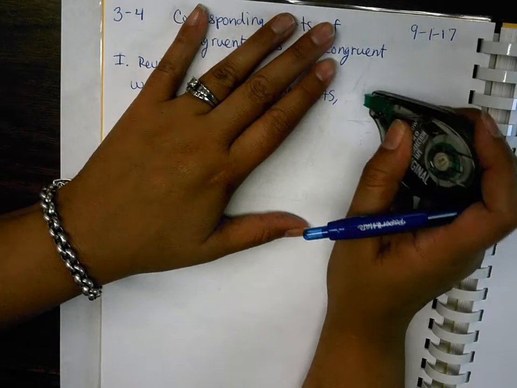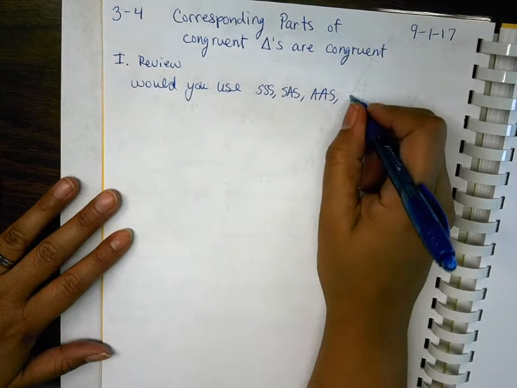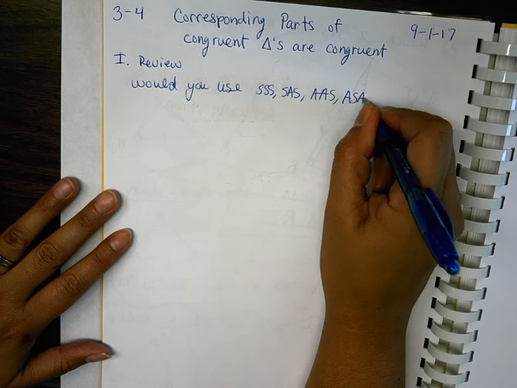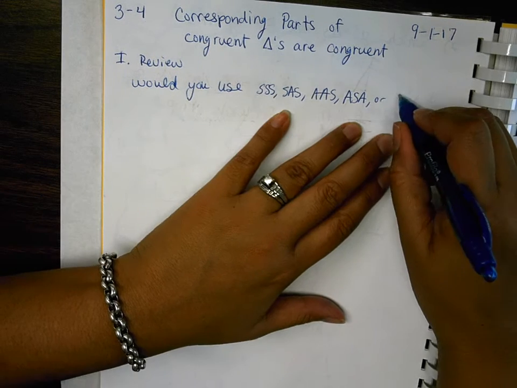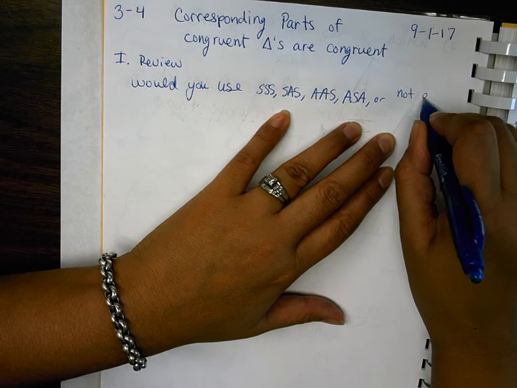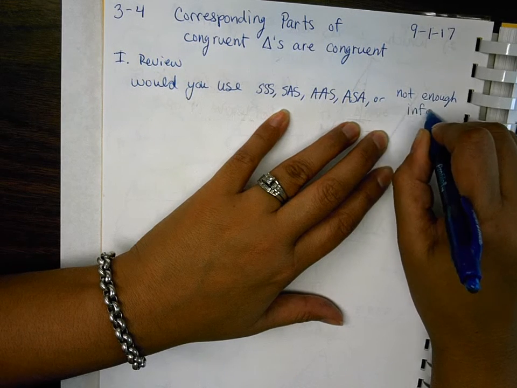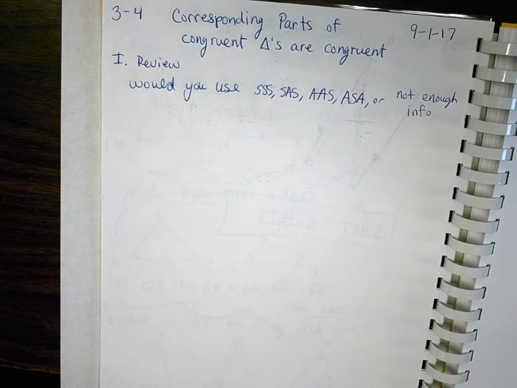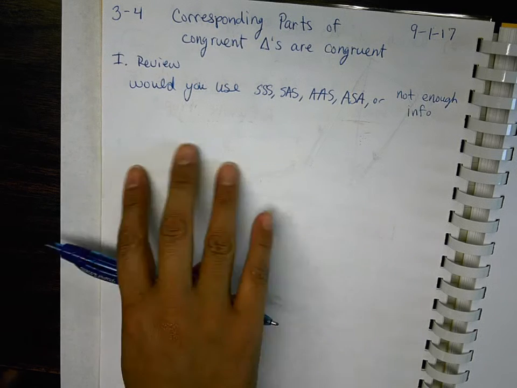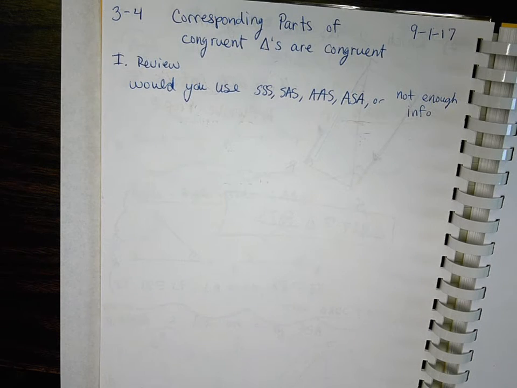Which one am I missing before I put the or? There's angle, side, angle, or ASA, or not enough info. And don't forget, you do always have to explain. Okay, and we're going to do more parts. I'm not going to write it all down, but we're going to name congruent triangles and congruent parts and all that good stuff.